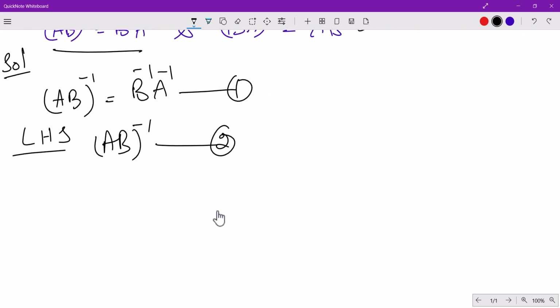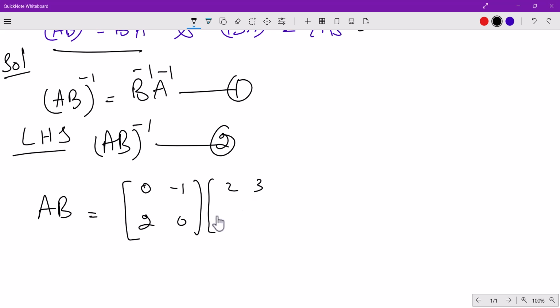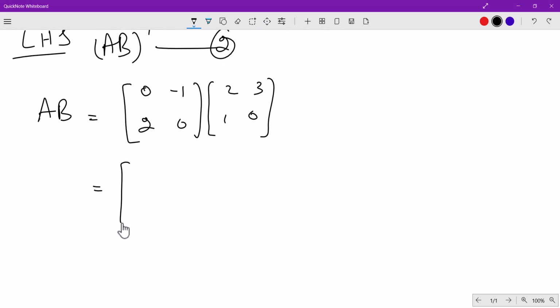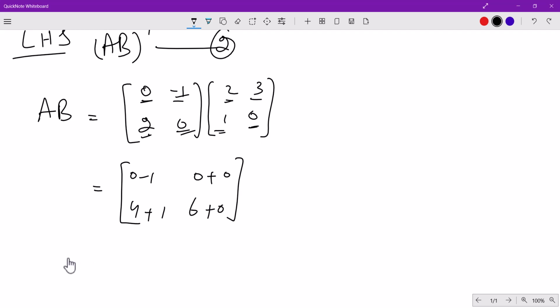First we find the multiplication AB, which is matrix A, [0, -1; 2, 0]... and matrix B, which is equal to [2, 3; 1, 0]. Multiplying: 0 multiply 2 is 0, minus 1 multiply 1 is minus 1, 0 multiply 3 is 0, minus 1 multiply 0 is 0, 2 multiply 2 is 4, 0 multiply 1 is 1, 2 multiply 3 is 6, 0 multiply 0 is 0.